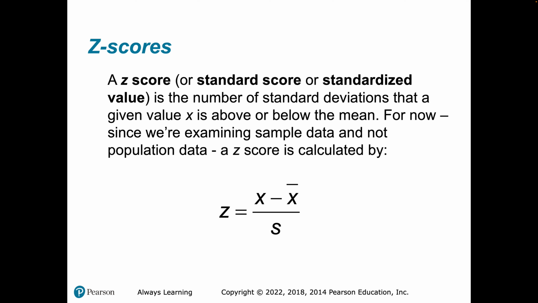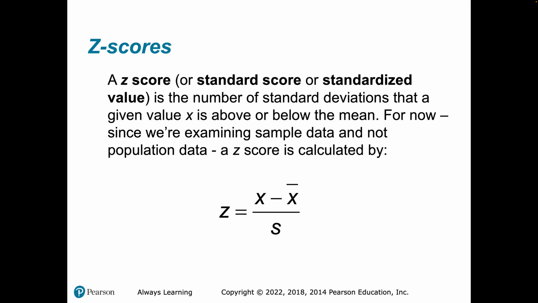We calculate the z-score using the formula on your screen. The z is x minus x bar over s. X is the score that we're trying to determine the location of. The mean, x bar, is the mean of the distribution from which that score came, and s is the sample standard deviation. So all we're doing now is evaluating z-scores for sample data.